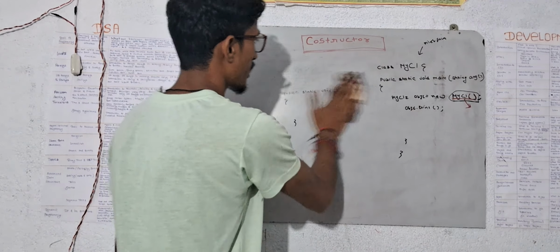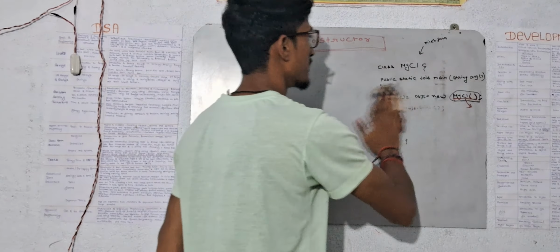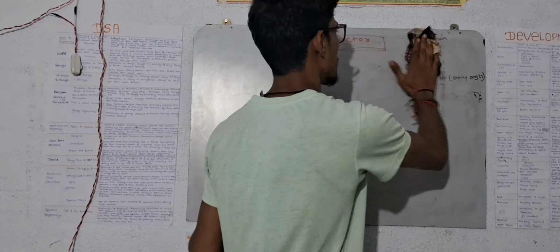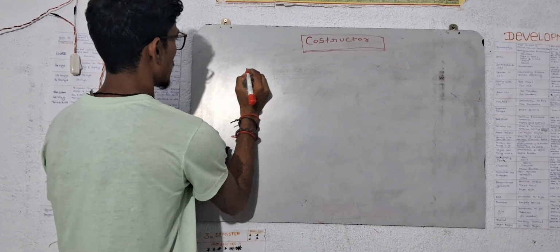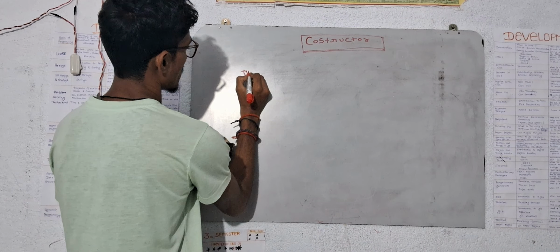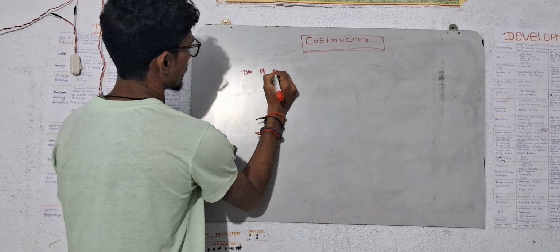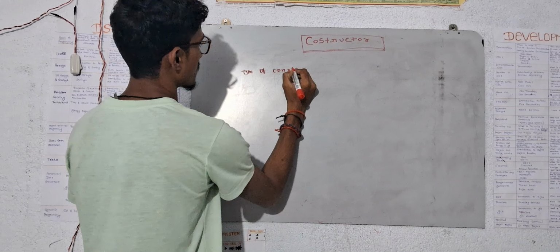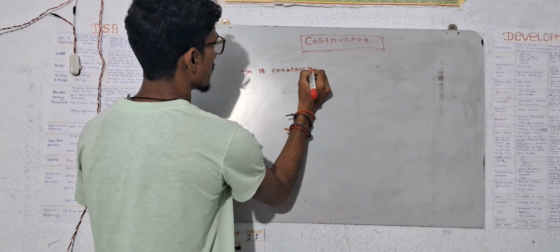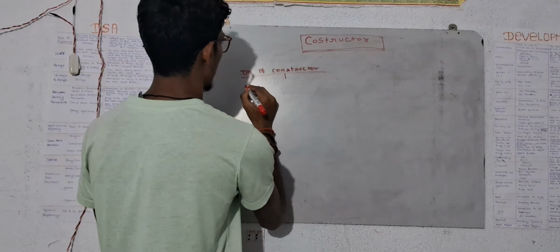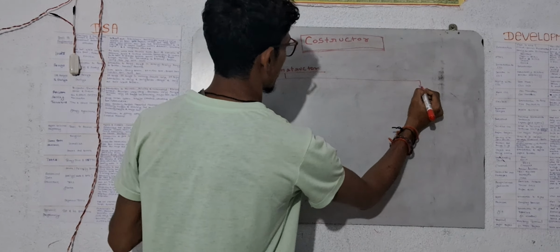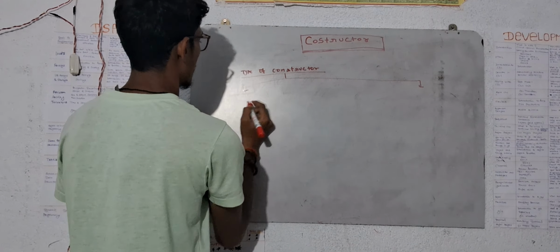So now we will talk about what is constructor and its type. Basically there are two types of constructor.